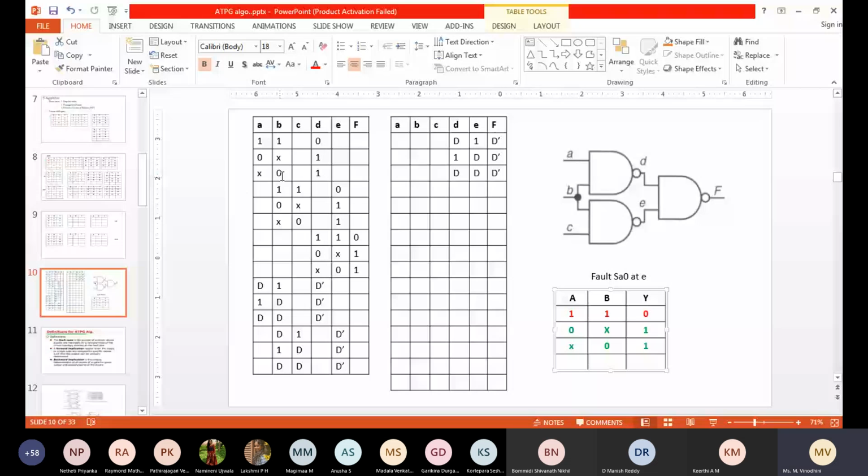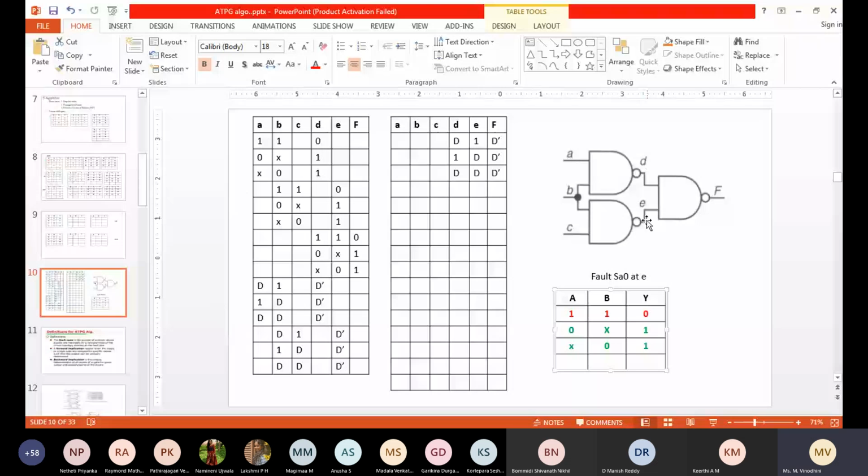Next, take the next NAND gate. This is also a NAND gate: B, C, E. For B, C and E, I am writing the same singular cover. If this were not a NAND gate but, say, an OR gate, then for B, C, E, I would have to enter the singular cover of that particular OR gate. Now these three gates are NAND gates, so I am entering the singular cover.